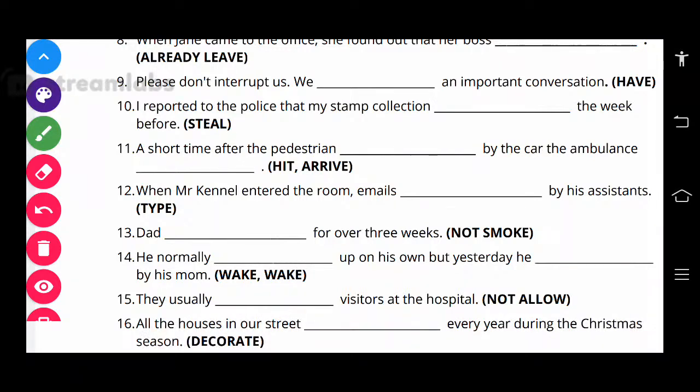Okay, so Charita, try to answer it. But here the pedestrian is a non-doer, I told. So because of these clues, in what way do we have to use the verb? As I gave you non-doer, you have to understand what is doer and what is non-doer. In the doer case, in what way do we have to use the verb? In the non-doer case, in what way do you have to use the verb?